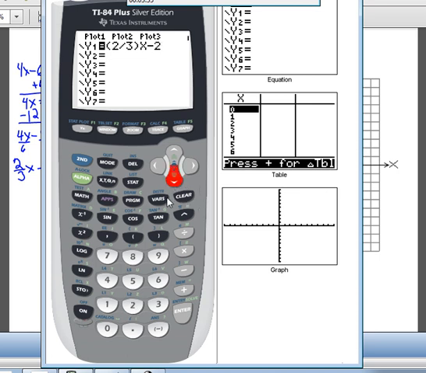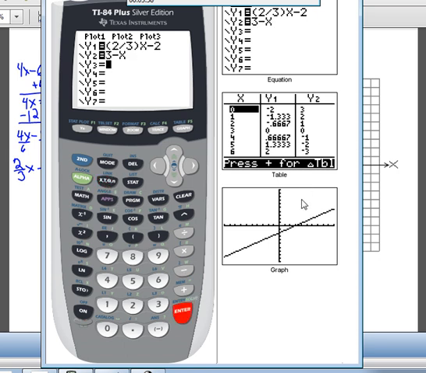And then I'm going to type in my other equation. Notice it graphed this one for me right here, and this is kind of a nice view that I have. I have the equation, the table, and the graph all together. And then I'm going to type in my 3 minus x, enter, and over here I've got everything I need.